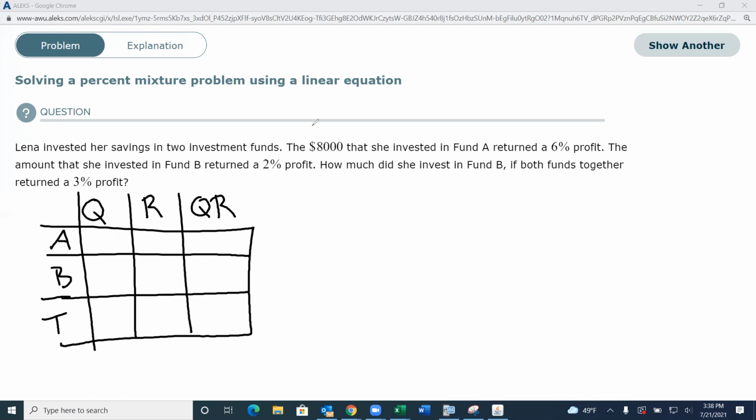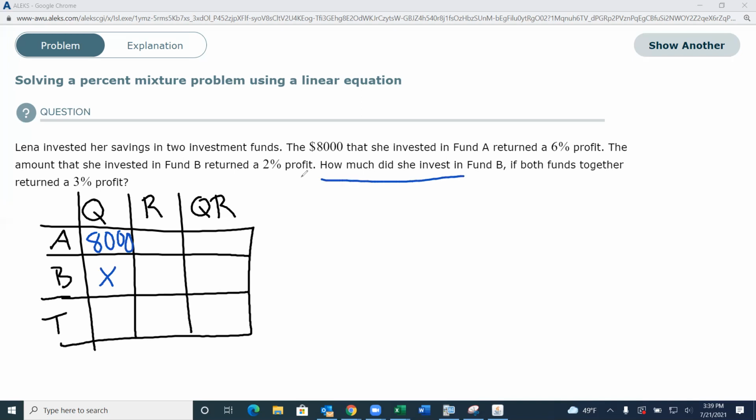Okay, so let's get to it. She's investing in both of them. Wait a minute, no, she invests $8,000 in fund A. So the quantity for A is 8 grand. Now they don't tell us how much she's investing in B, so I'll just call that X, just to be super original.